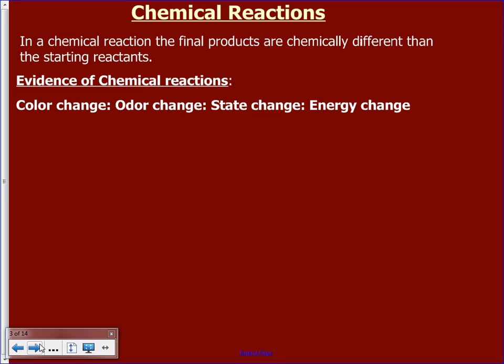All right, so in a chemical reaction, we know that one has occurred if the final products are chemically different than our reactants. And just so you know, those terms mean the following. If I have, let's say, a reaction that looks like this.